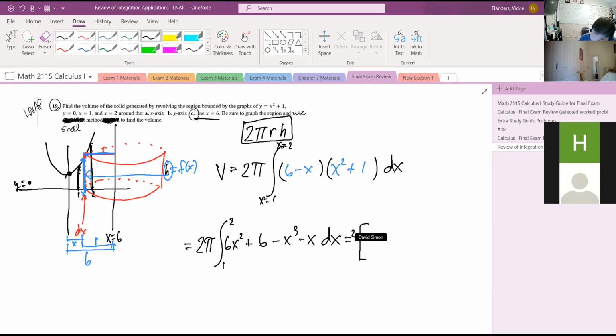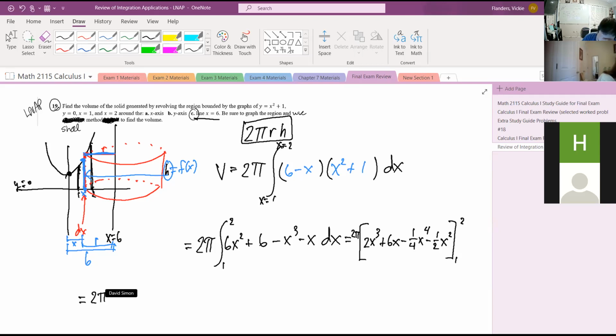Whoops, forgot my 2 pi. Squeeze that little 2 pi in right there. 2 pi times, this is going to be 2x cubed plus 6x minus 1/4 x to the 4th minus 1/2 x squared. And it's going from 1 to 2. So now we have nothing left but the arithmetic.